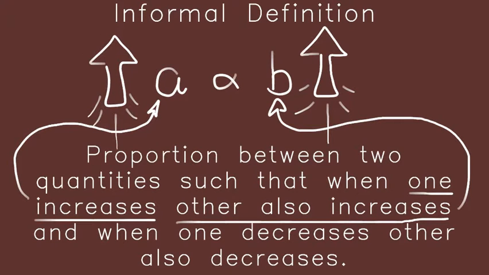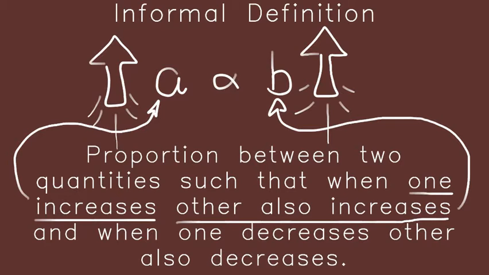It's like a catch-up game. One mimics the other, and tries to follow whatever the other quantity does. It also works the other way: when a decreases, b also decreases.